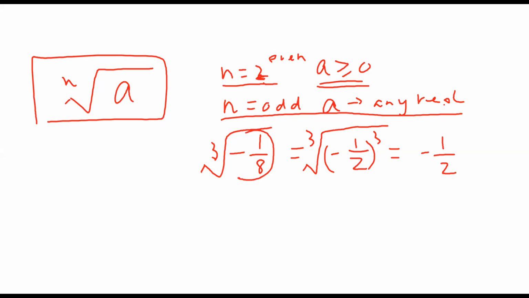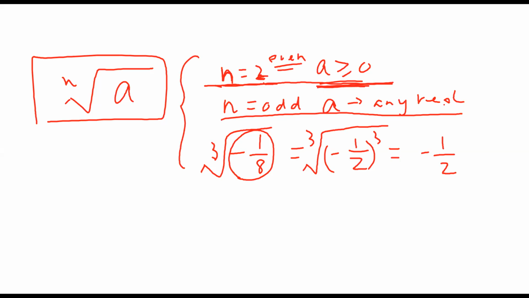So the inside doesn't necessarily have to be greater than 0. But when the index n is an even number, the inside should be greater than 0. That's the two things to mention, right?